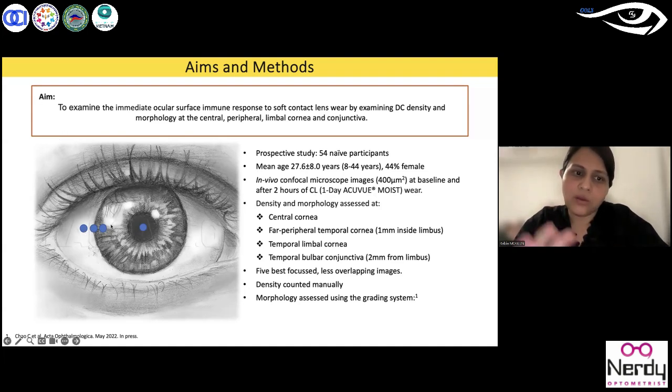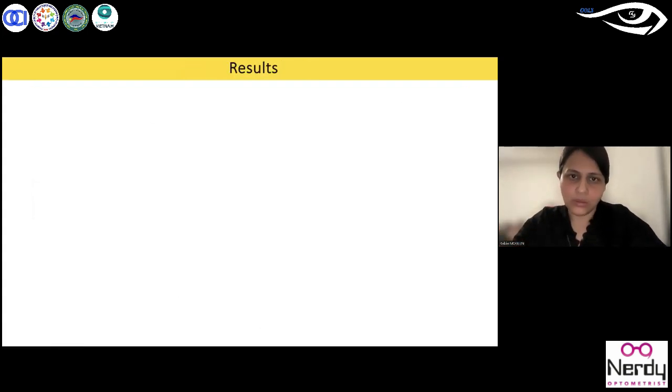To examine a good area of cornea, we collected 5 images from each location. Then we counted the cells manually one by one, and used a grading system to assess their morphology or function. So let's see what happens as soon as you put a contact lens on the eye.